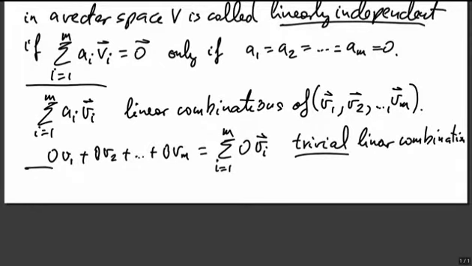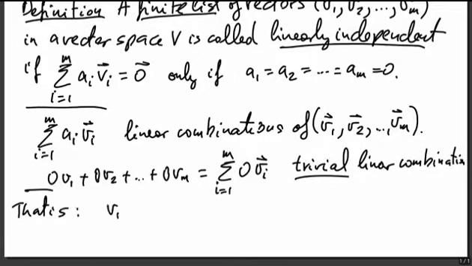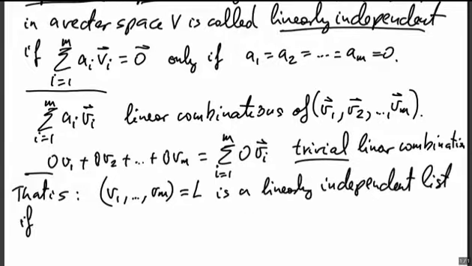So another way to say linearly independent list of vectors is that v1 through vm, also we used the notation L before, is a linearly independent list if and only if, that's by definition, only the trivial linear combination results in the 0 vector.